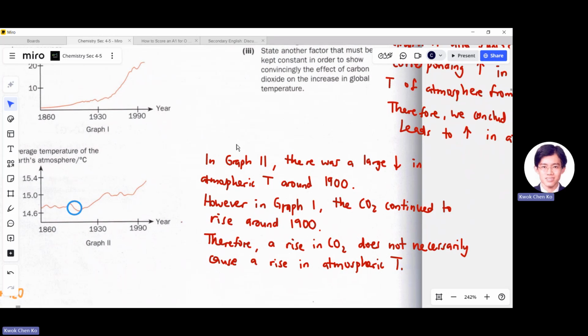Okay, I know this question is a bit unusual, but just bear this in mind in case such a question comes up. How do you challenge the conclusion? This is, I think, the most logical answer that you can provide.